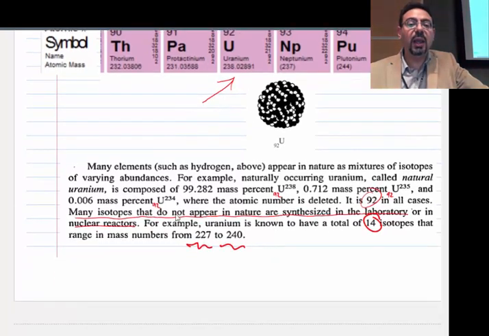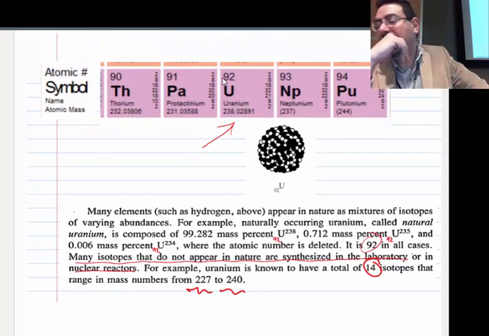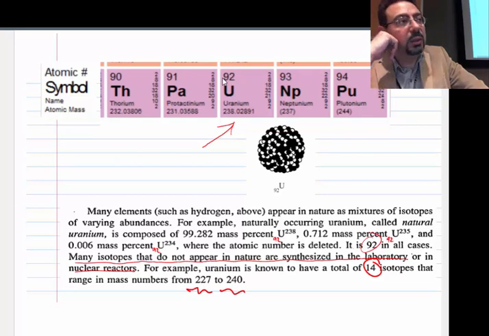So this one has a lot of isotopes. Okay? You've got 238, 235, 234. So it has basically 14 isotopes, all the way from 227 to 240. All of them have 92 what? Yes, protons. All of them have 92 protons.